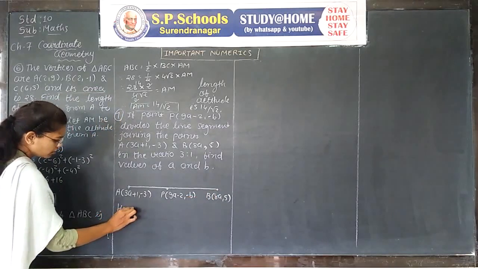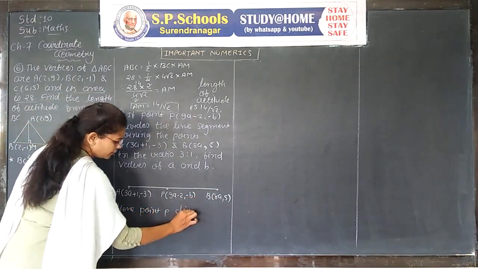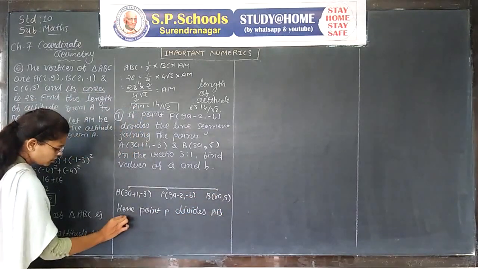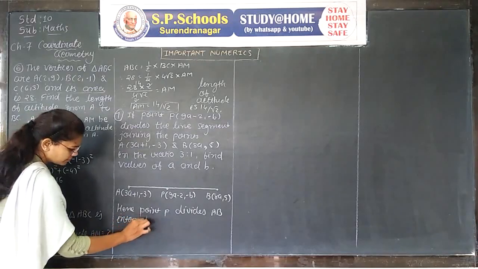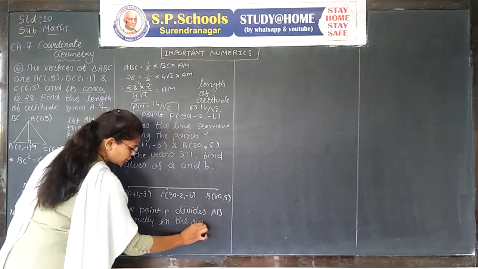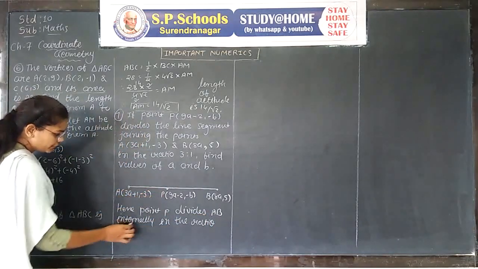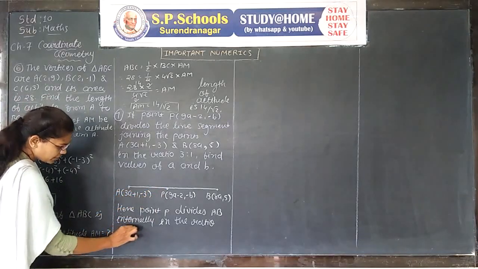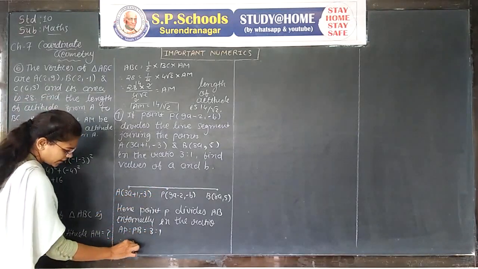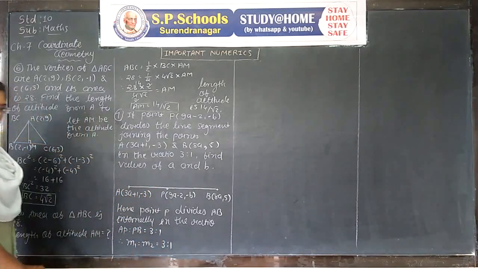Here point P divides AB internally in the ratio. The ratio is given as 3:1, and from the figure AP to PB is 3:1. That's why m1 to m2 is equal to 3:1.